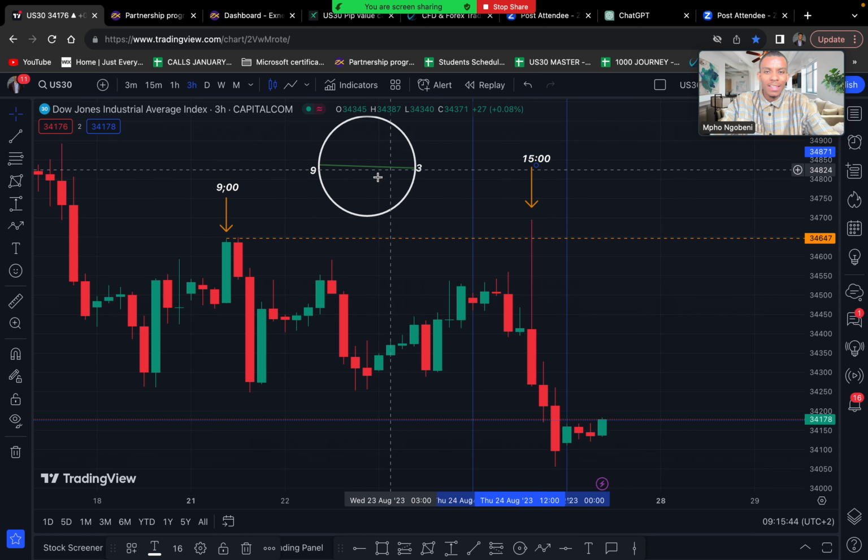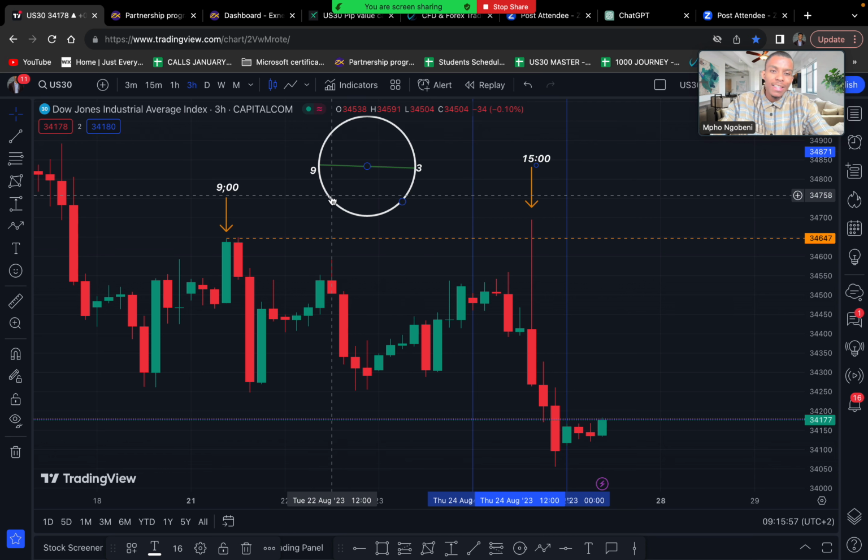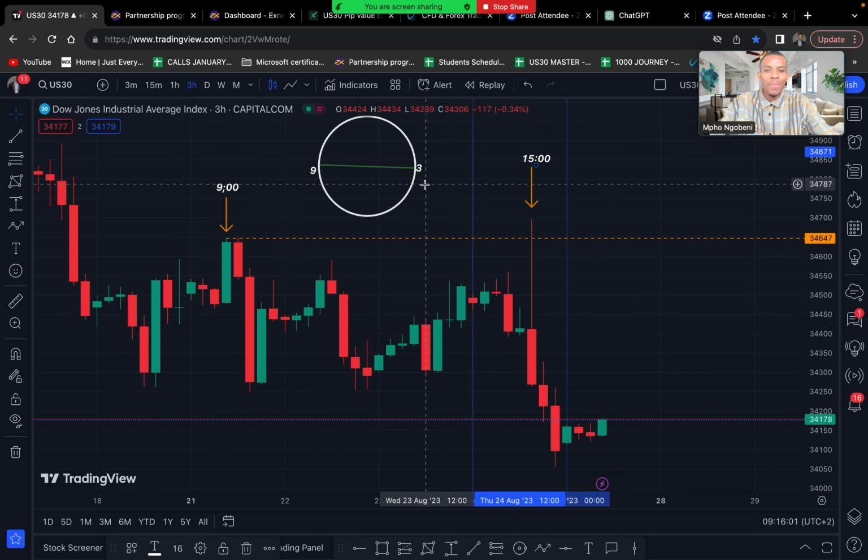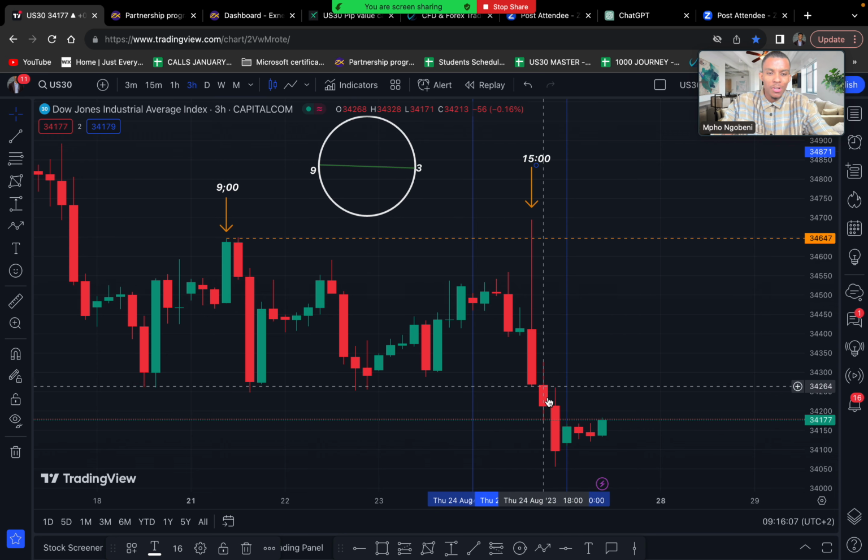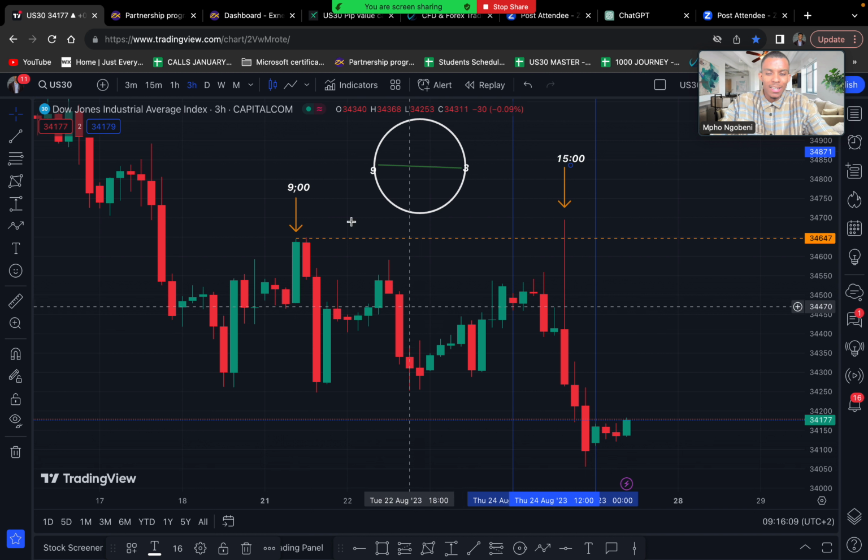But as I said, there are many pairs, due to our different time zones. For me it's a 9 and 3, but for someone else a time zone pair could be a 2 and 8. You understand? So we all have our own pairs, but that was the pair there, a 9 and 3 pair, and then that pair quickly pushed the market to the sell side.